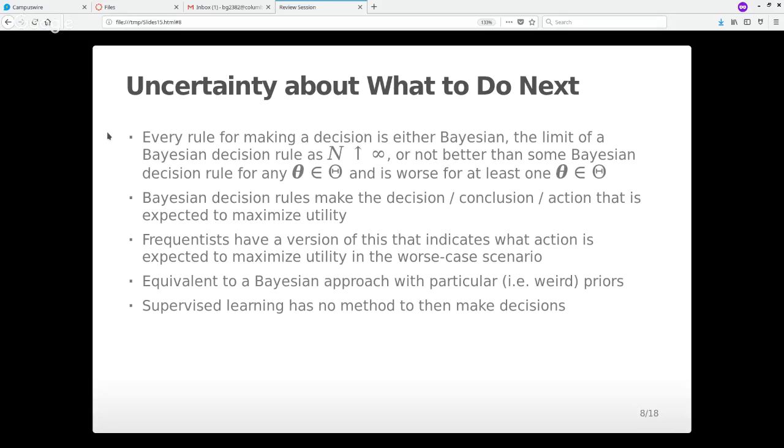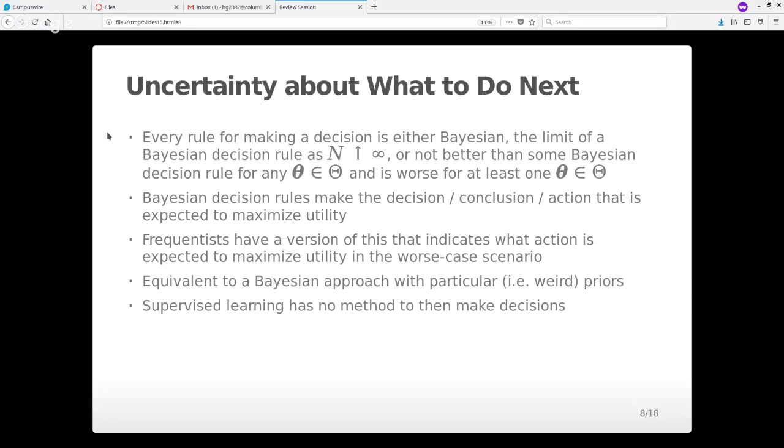So there is a frequentist version of decision making that is kind of weird, but usually what it results in is, here is the decision that would maximize your utility in the worst case scenario. Like everything frequentist, it's averaging over different data sets that could be drawn from the population.